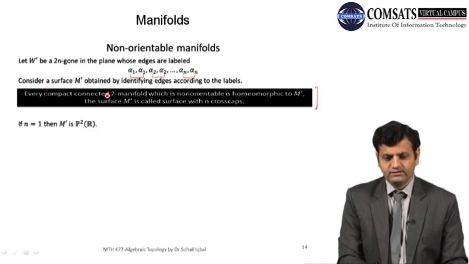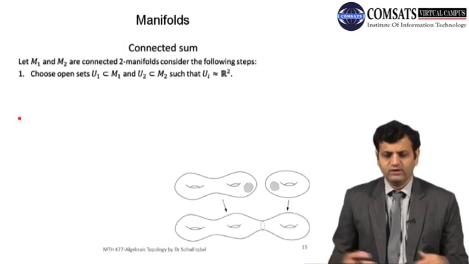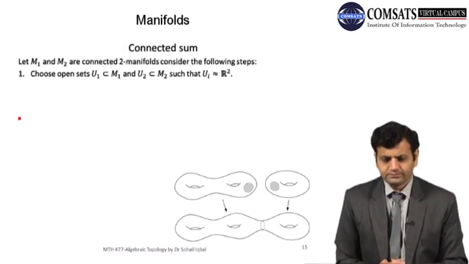So every compact connected two-manifold which is non-orientable is homeomorphic to M prime. The surface M prime is called a surface with n cross caps. A very typical example: if n is equal to 1, then M prime is the real projective plane, and the other examples are going to be very non-trivial.